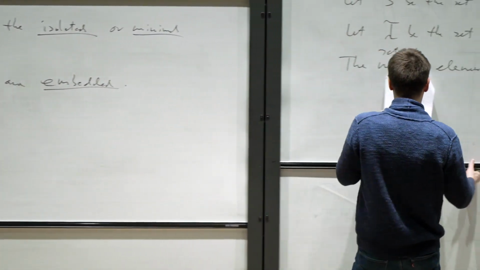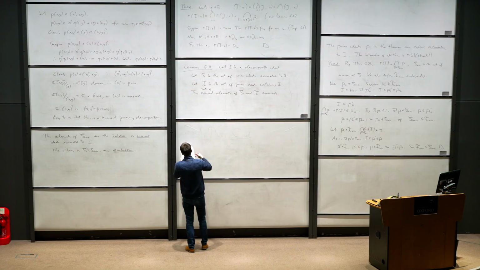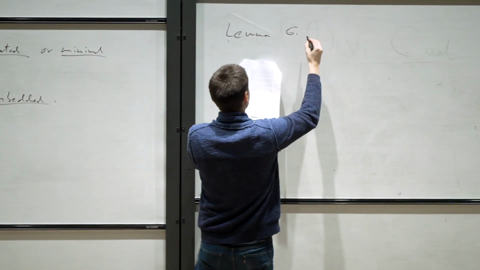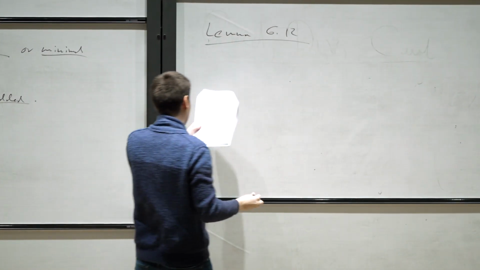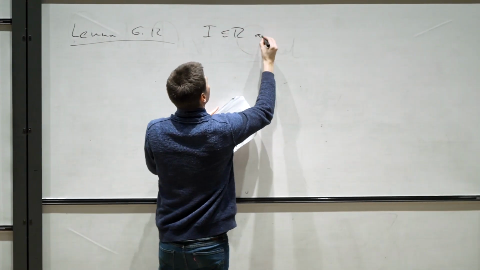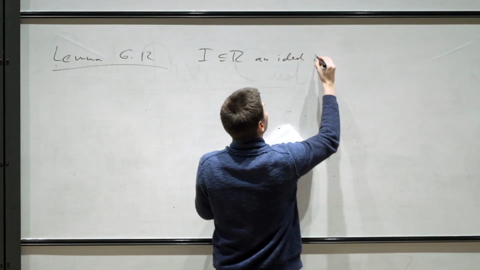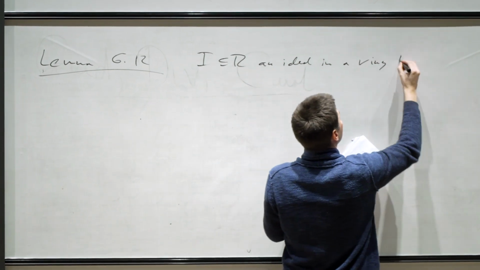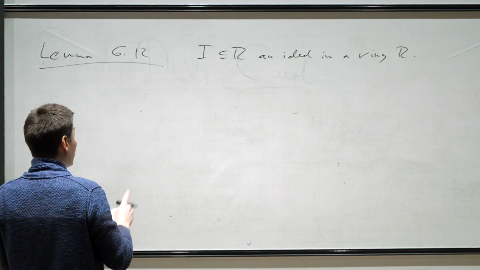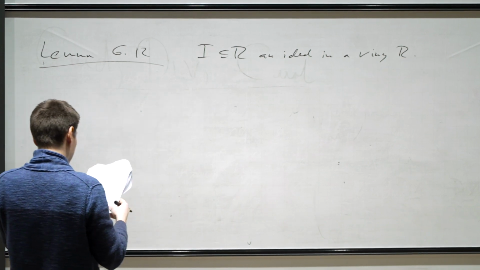Next lemma, Lemma 6.12. R is a ring, I is an ideal. We are not assuming that I is decomposable here, by the way.